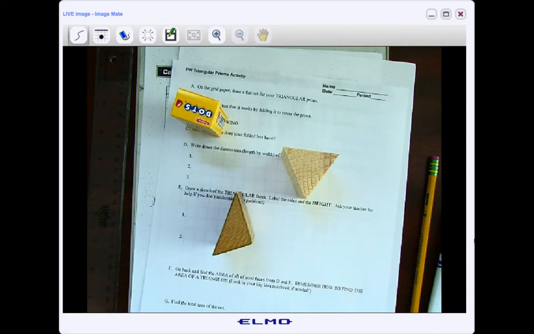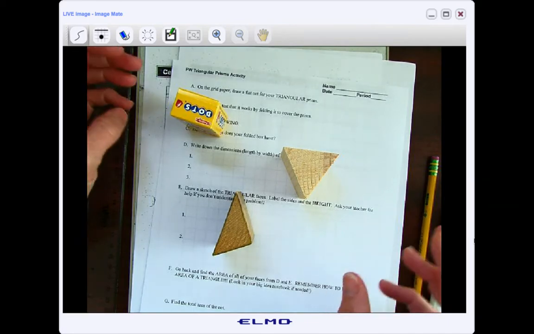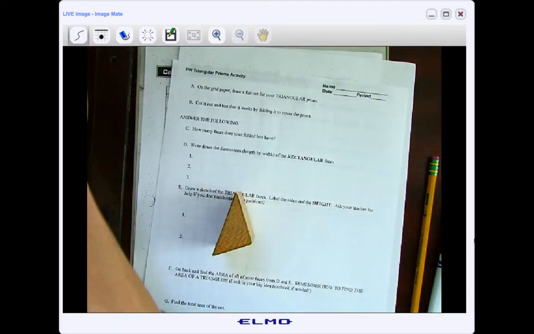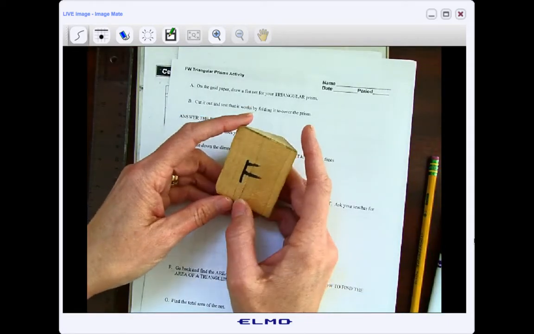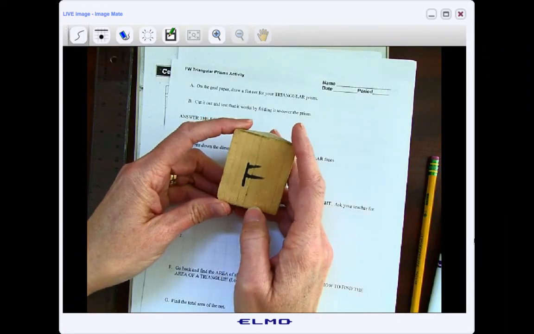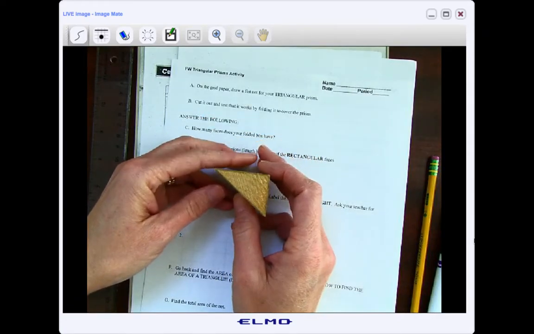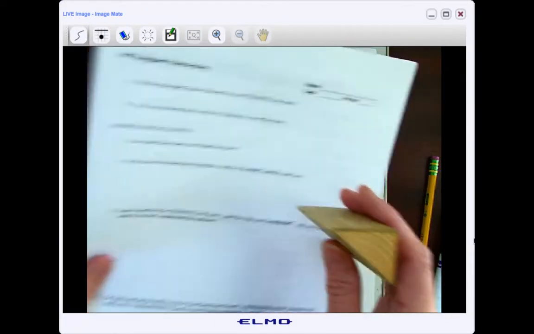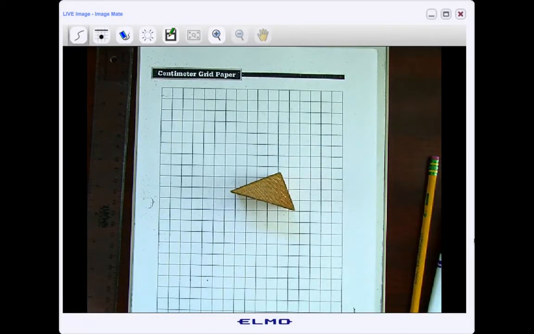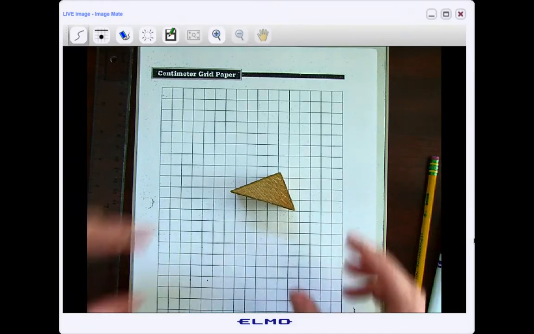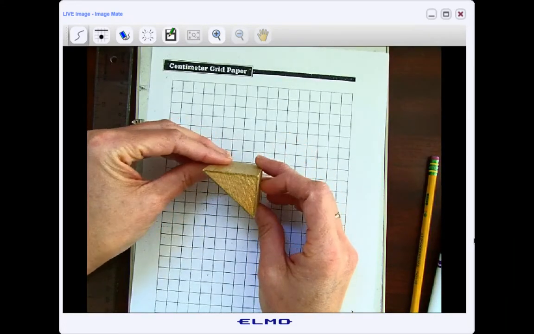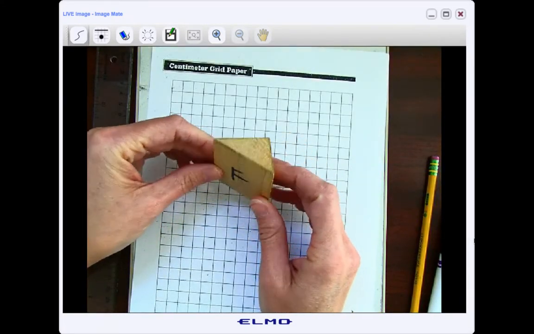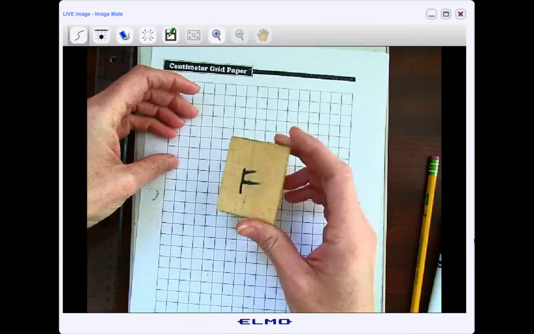What we're going to do now is make a net for our triangular prism. So I want you to take your triangular prism that's labeled either F, G, or H. Not everybody has the same one. And I want you to make a net, or a flat pattern, for this shape. So let's think about this. How many sides do you think I'm going to have to build this out of paper?